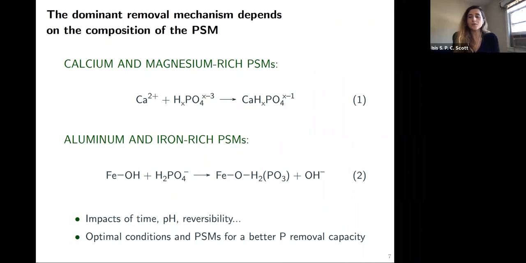At the end, we want to find a PSM and a removal mechanism that will work better for any specific design for a phosphorus removal structure. And knowing these removal mechanisms and what is behind them, we can find what the optimal conditions are for them to happen.